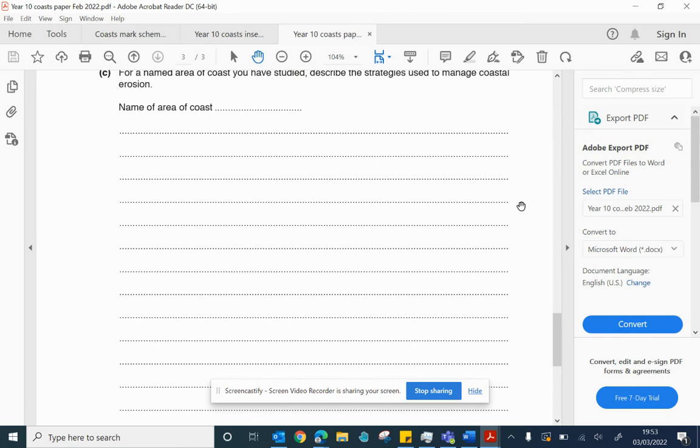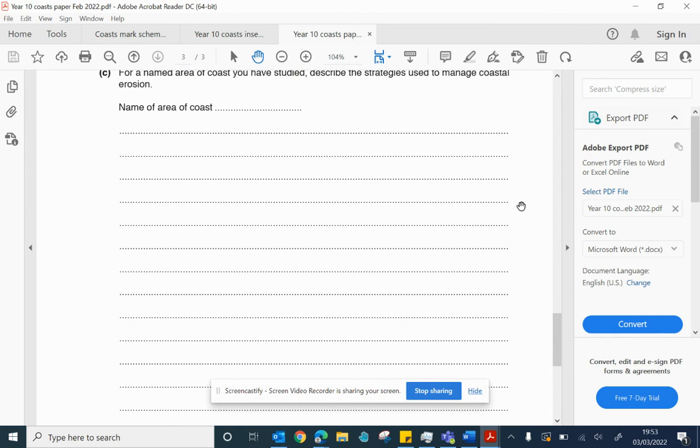Now, what would also help, of course, is to put a little bit about how they work. So if you refer to riprap groins at Mappleton, you can say simply riprap groins are used at Mappleton as they trap sediment via longshore drift, creating a wider beach. Or seawalls have been used at Bridlington, which protect the coastline from the destructive waves.